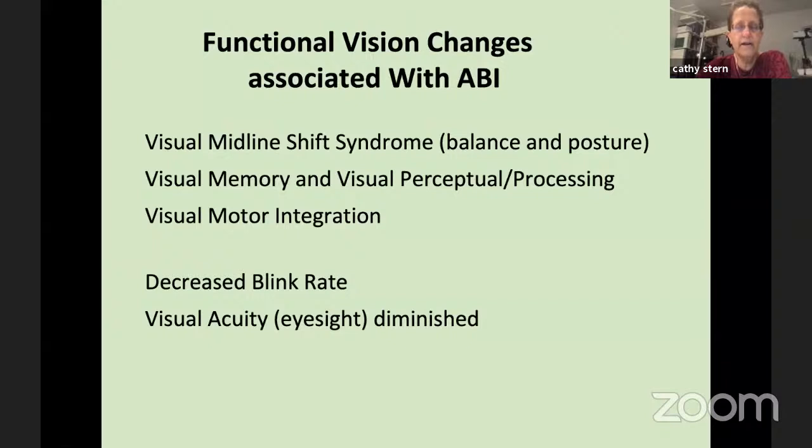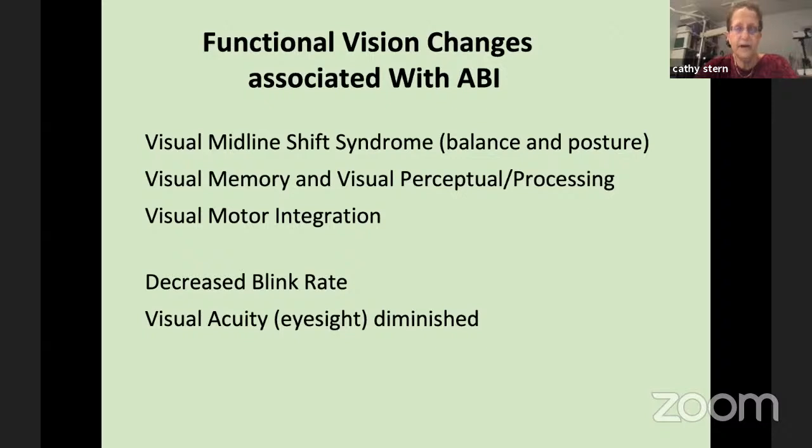We do know that they can have issues with balance and posture, and Dr. Padula here in the US has talked about visual midline shift syndrome. I do think that it's a deficit in egocentric localization, but in any case, it's a term that's been used a lot, and so we can continue to use it because people know it.